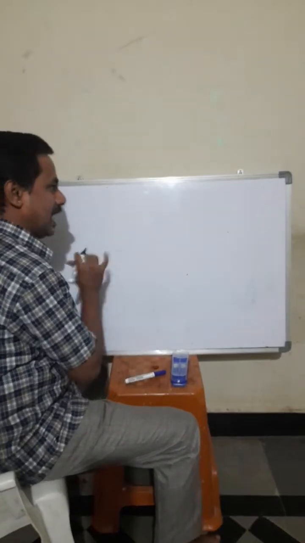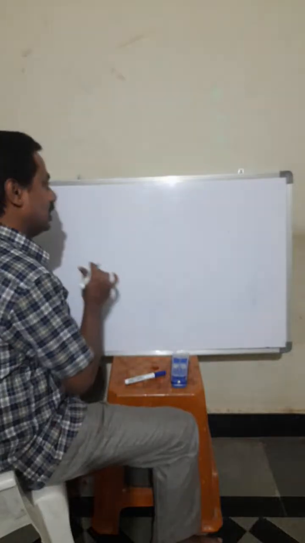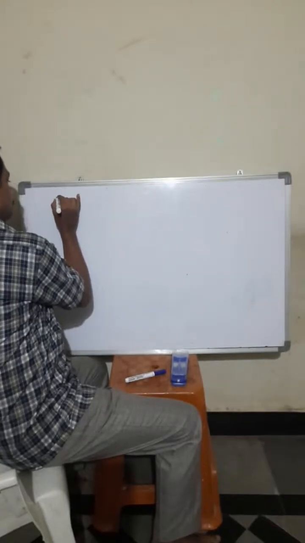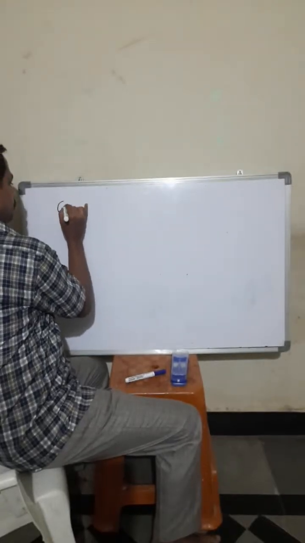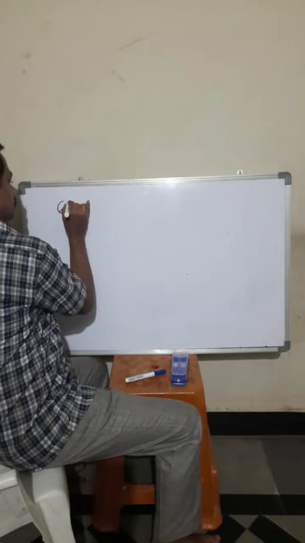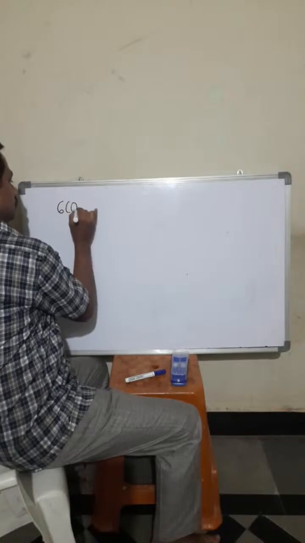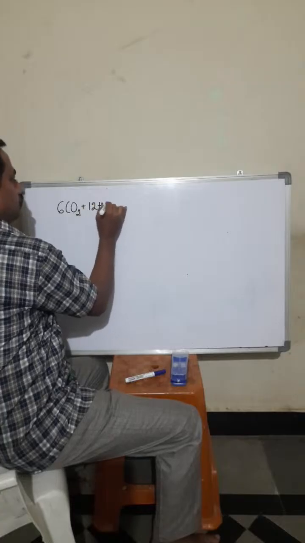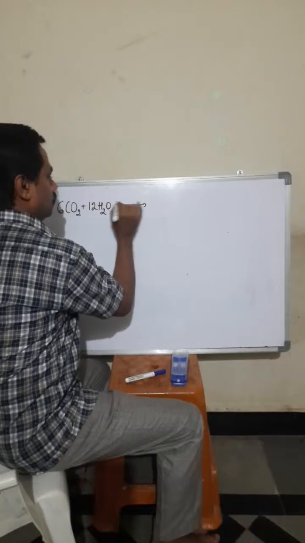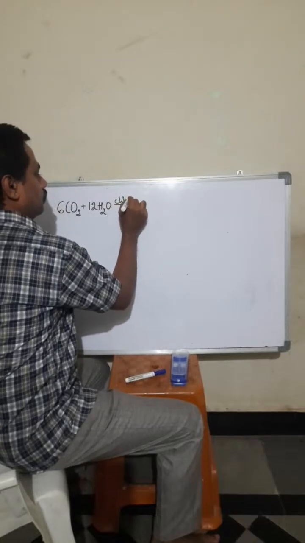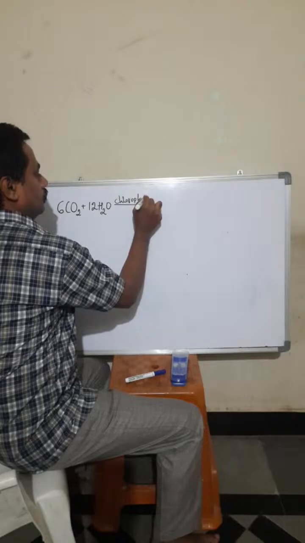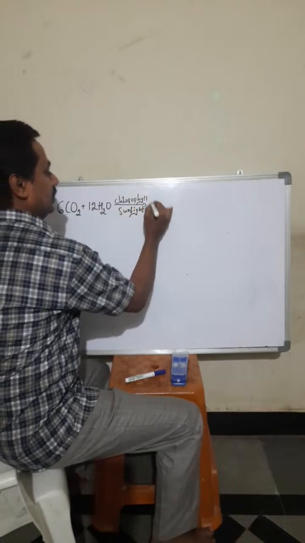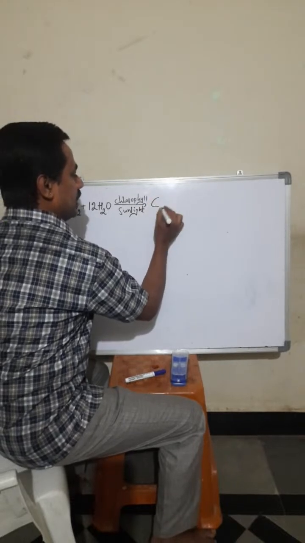See students, I am going to write the balanced equation for photosynthesis. In the presence of sunlight, the plants will produce their food.